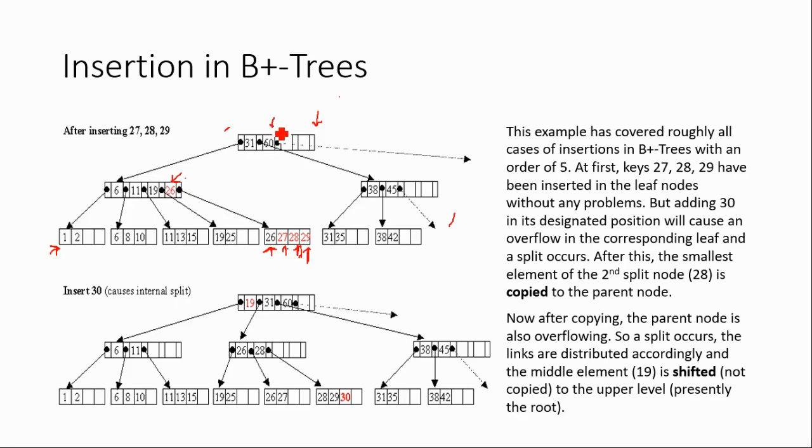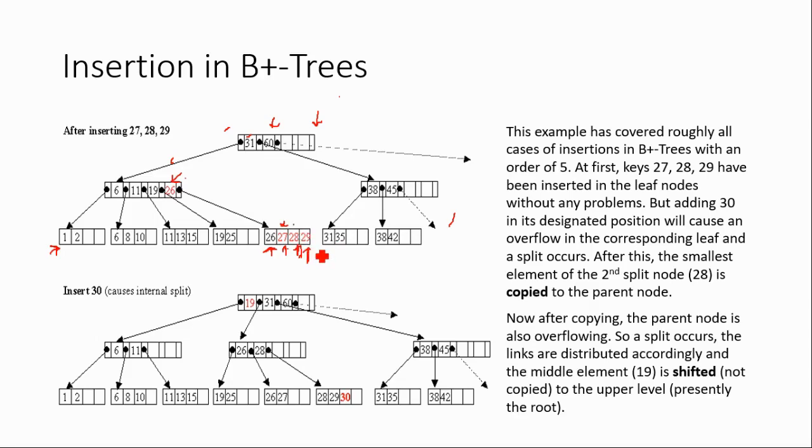Here we keep on searching, lesser than 30, then 31 is greater than 30, so here we go, and this leaf node has all elements lesser than 30 and no element greater than 30.